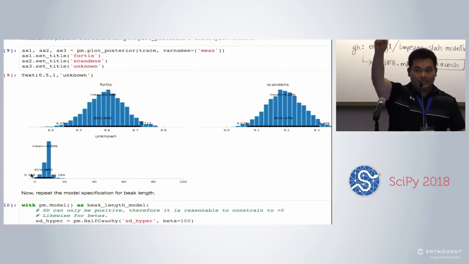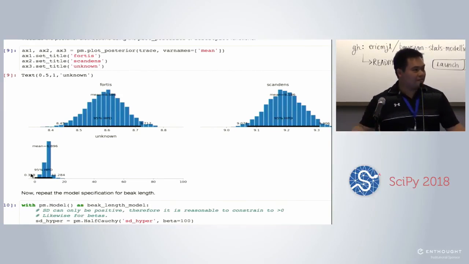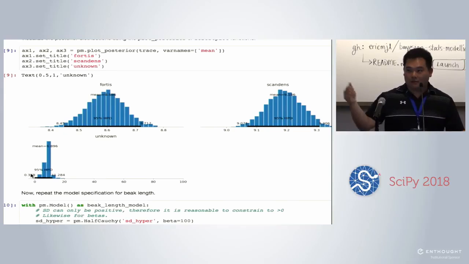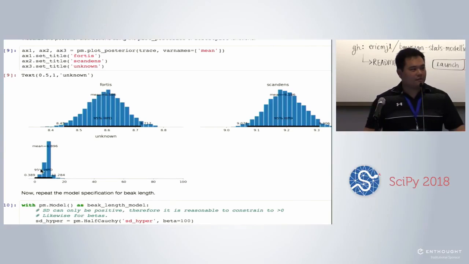You'd probably be skeptical if it said something certain. Exactly. So the decision we might make on the basis of this posterior distribution is to go hunt for another unknown and see what that beak measurement is. Anything else? What about the shape? The shape looks a bit more symmetrical, so it does look a little bit more reasonable.